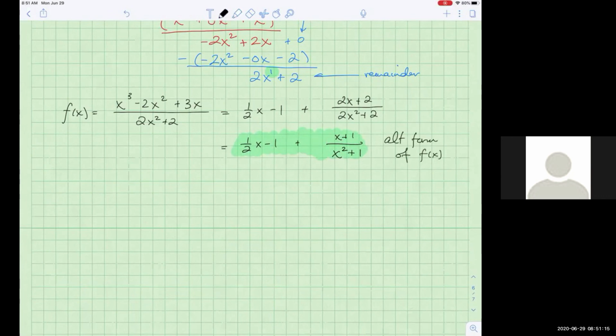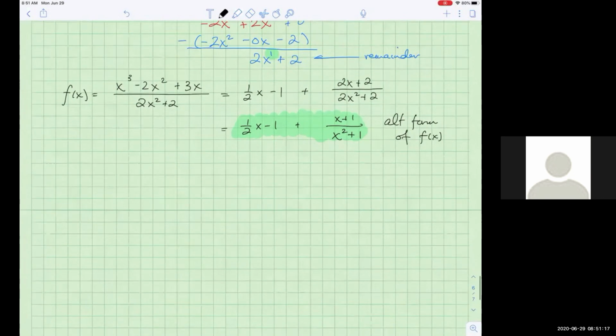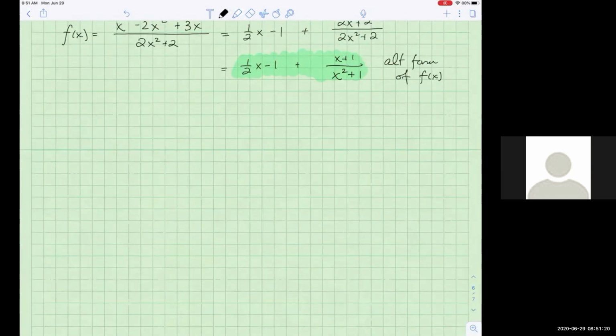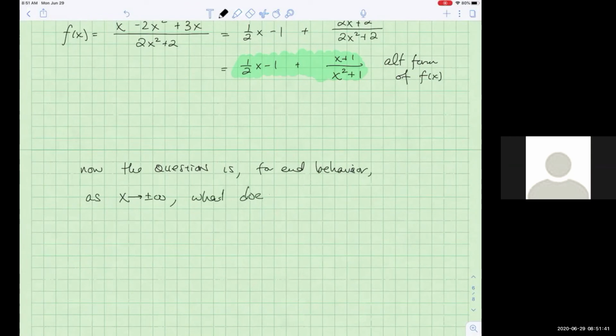Now this requires you to do some analysis and use your thinking cap. So now the question is, for end behavior, as x approaches plus or minus infinity, what does f of x approach?